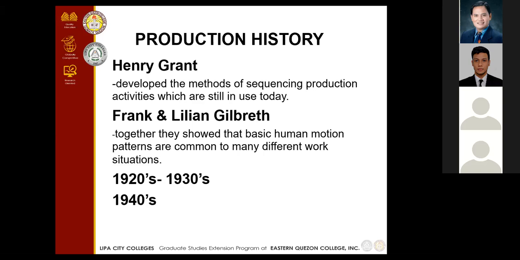Noong 1920s and 1930s naman, things became more complicated as it was realized that people did not always behave as expected, and the complexities of an emerging process required more controls. By 1940s, doon na nag-start yung era kung saan birth ng first electronic computer. So mas na-enhance yung production system ng 1940s.